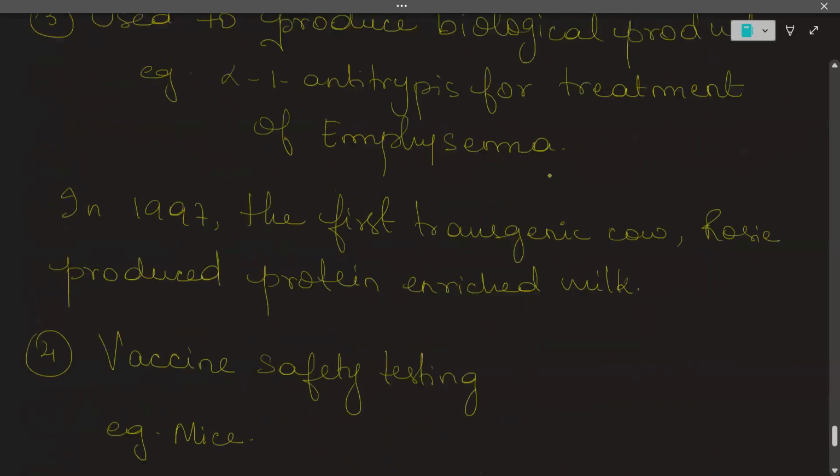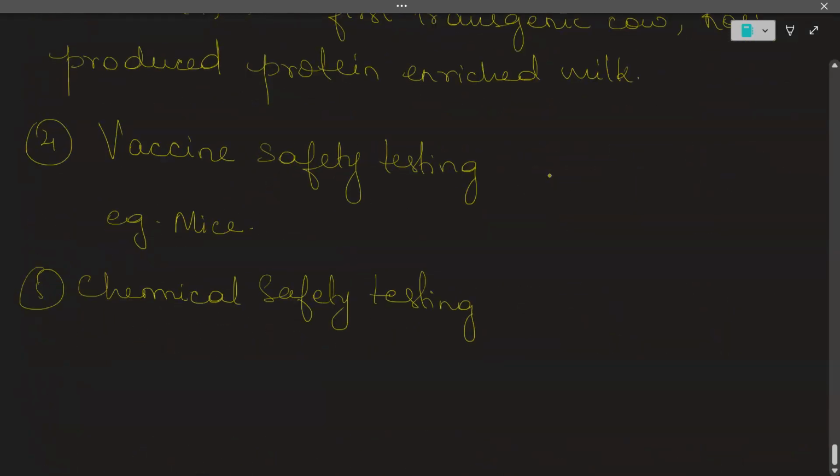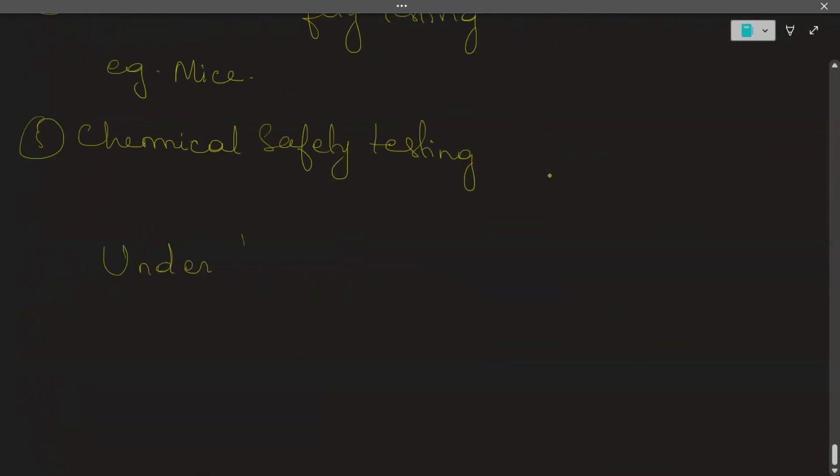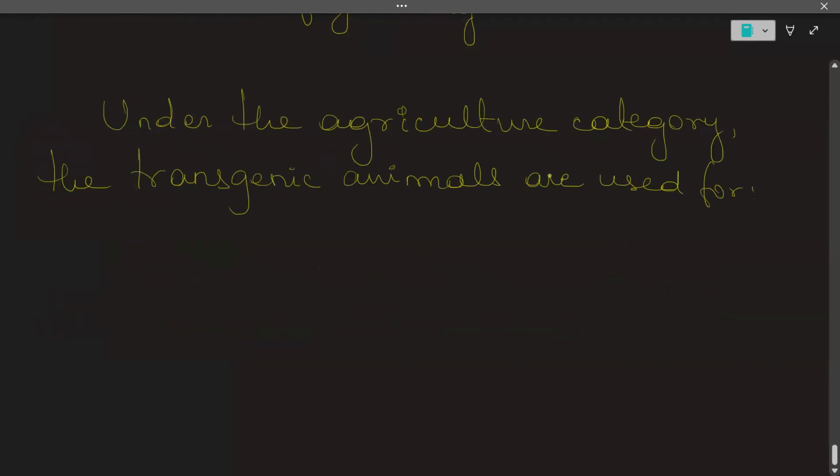Now let us see the use of transgenic animals under the agriculture category. Let us see what reasons they are used for.